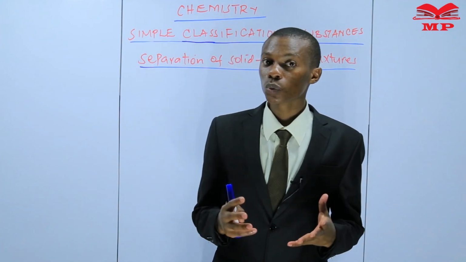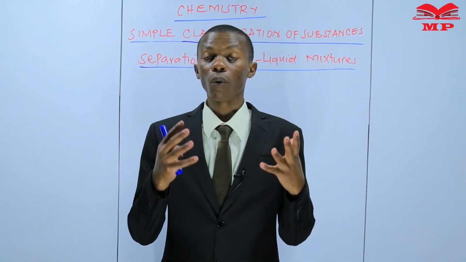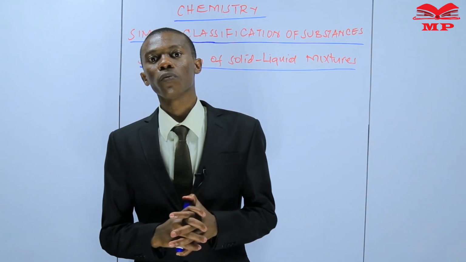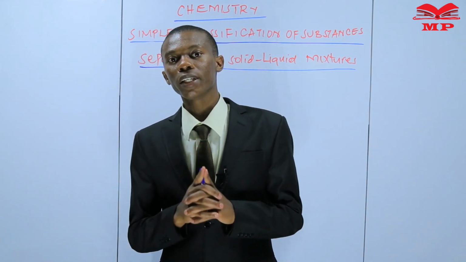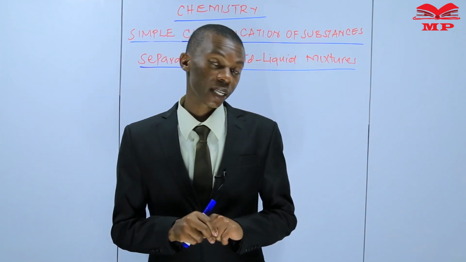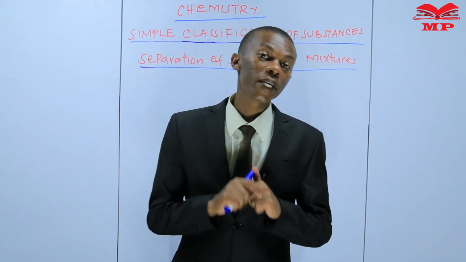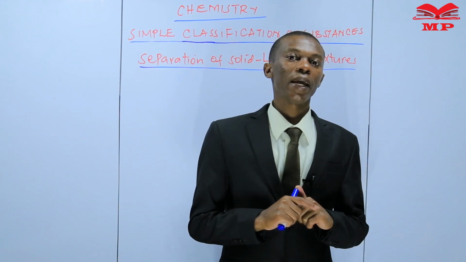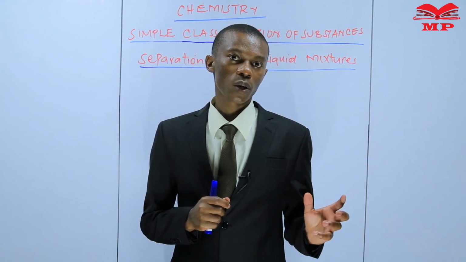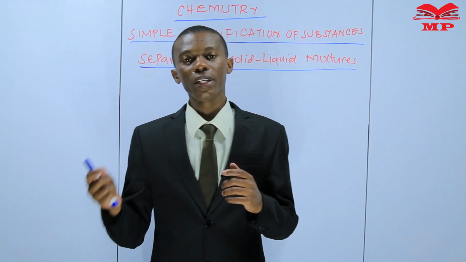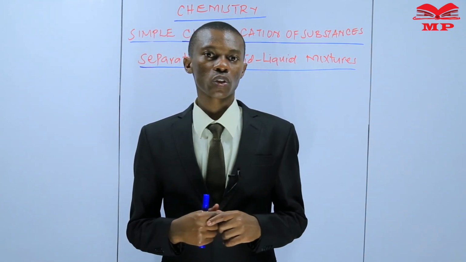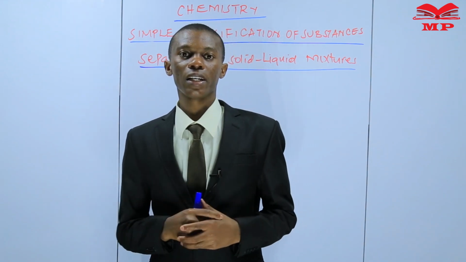Maybe to remind you what we discussed in our last lesson, we were discussing the separation of solid mixtures. The solid mixture we had was a mixture of sodium chloride and iodine, where sodium chloride, we said, is a white solid, while iodine is a shiny black solid or shiny black crystals.